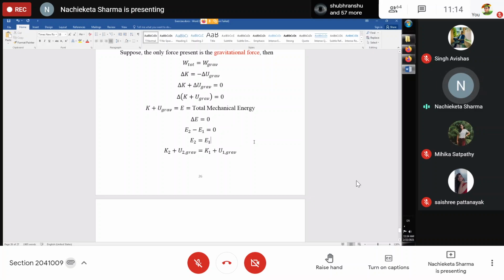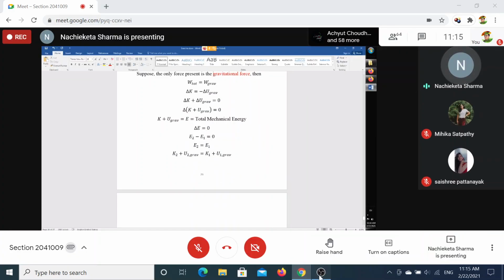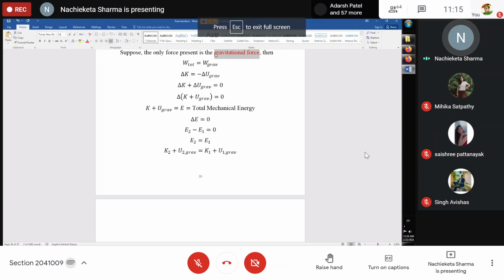Can we write this conservation equation when other forces are present? Now, before going to that, let me tell you, like this gravitational force, for which there is a potential energy function, similarly, there is another force which is called an elastic force. But that elastic force is variable. Can we find out the same equations for an elastic force also?